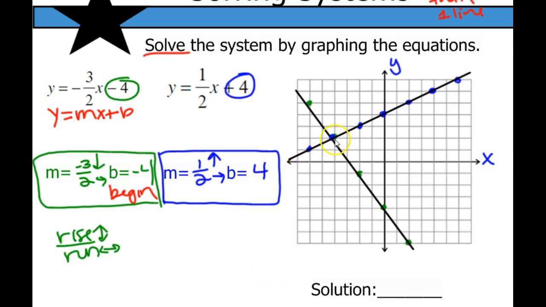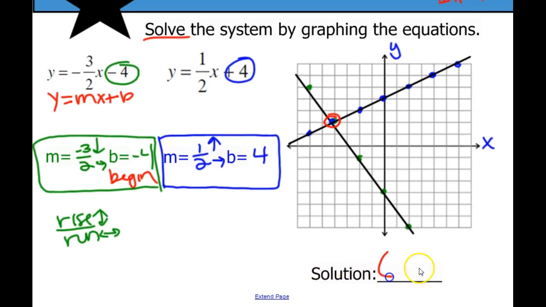But now we can see that this is where our two lines cross, and that is what our solution is going to be, as a point x, comma, y. So x first, we're to the left, negative 1, negative 2, negative 3, negative 4. And then y, we're up 1, 2, so negative 4, up 2. That would be our solution to where these two lines cross.